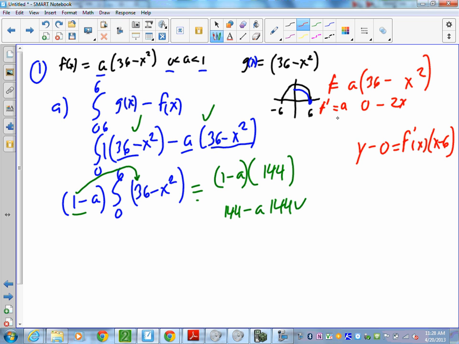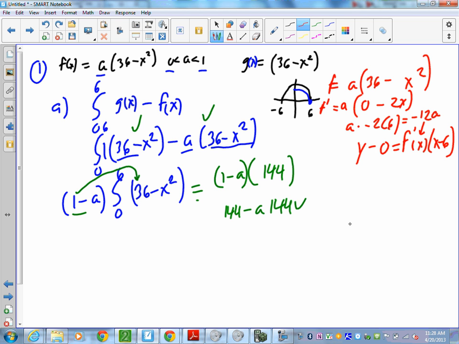So what value are we trying to find? We're trying to find it at x is 6. So minus 2 times 6 times that a out in front of there. It's just going to look a little funny, but it's going to be in terms of a. So we found our derivative, and then we can clean up and insert it right here. Okay.